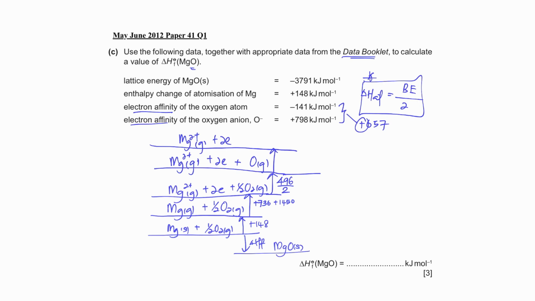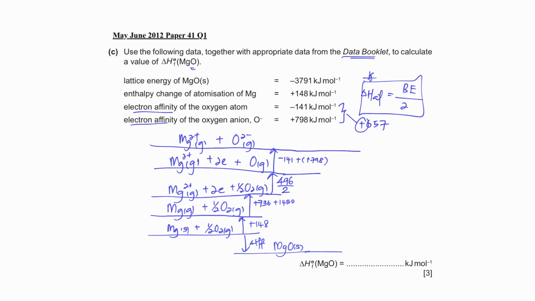To turn oxygen into O2 minus, this process is gaining 2 electrons. So the electrons are taken or absorbed by the oxygen atom to turn into O2 minus gas. This process involves the first electron affinity and second electron affinity of oxygen.